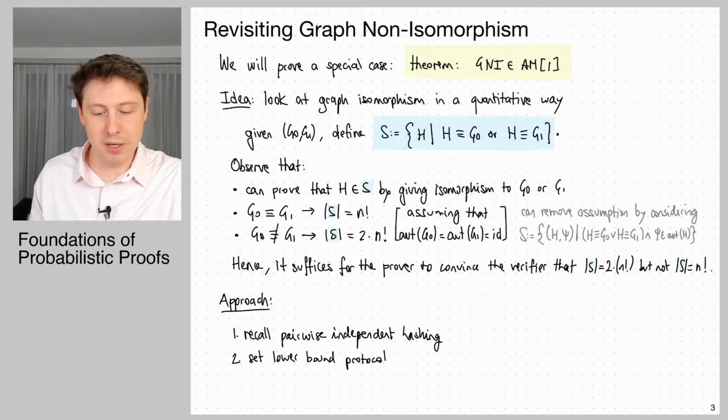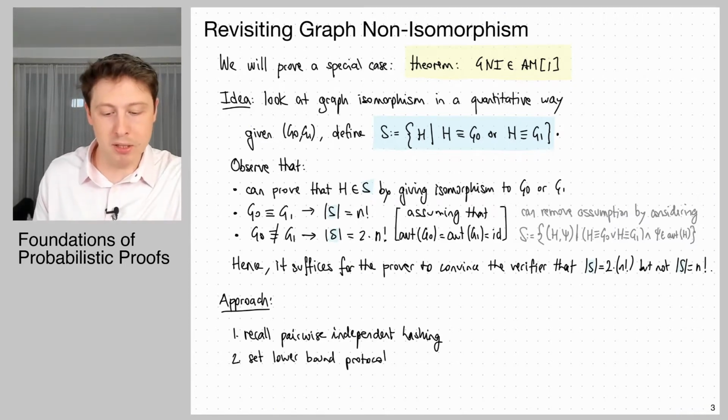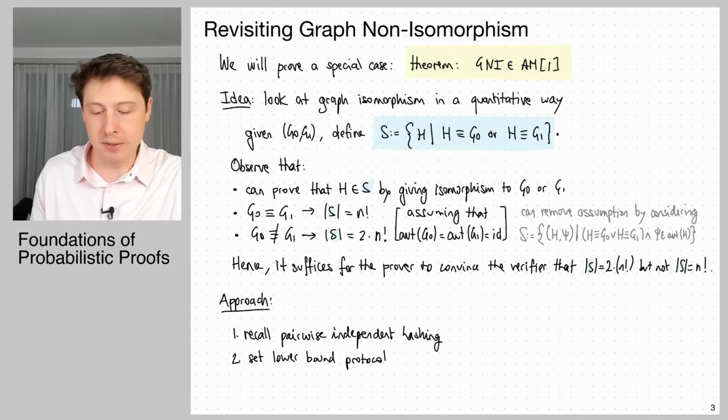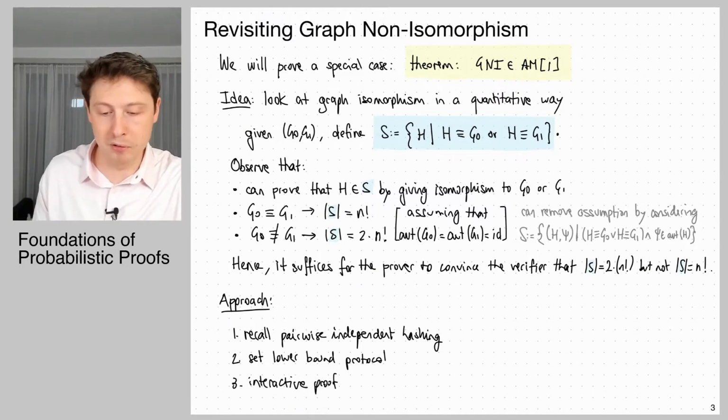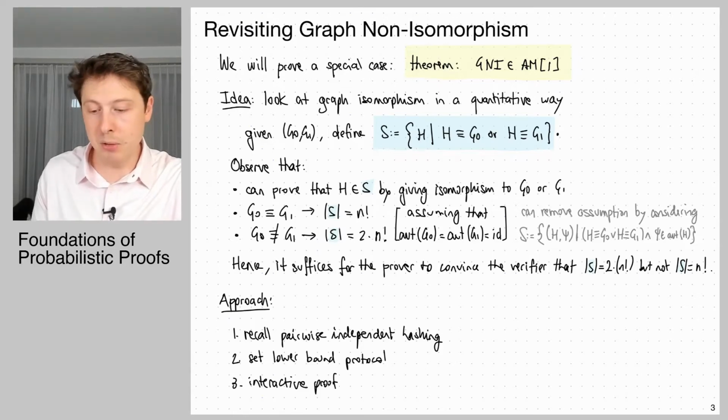Then from it, we're going to design a public coin, so-called set lower bound protocol. We'll explain what it means in a moment. And then we're going to use the set lower bound protocol to design a public coin interactive proof for graph non-isomorphism by using this perspective of the set S. Okay, so that is the plan. Any questions so far?